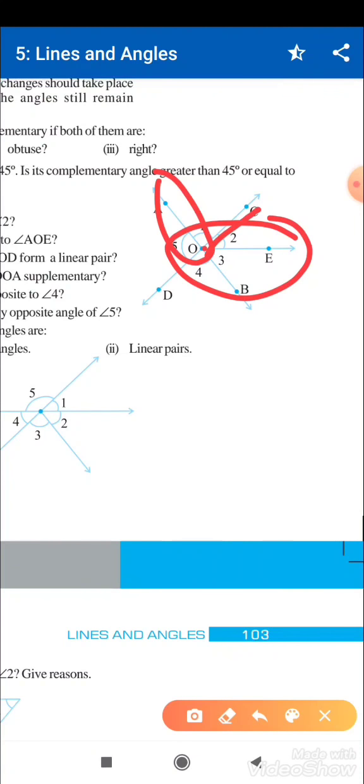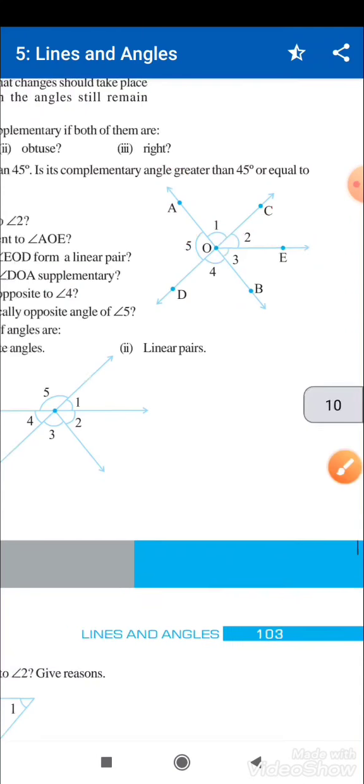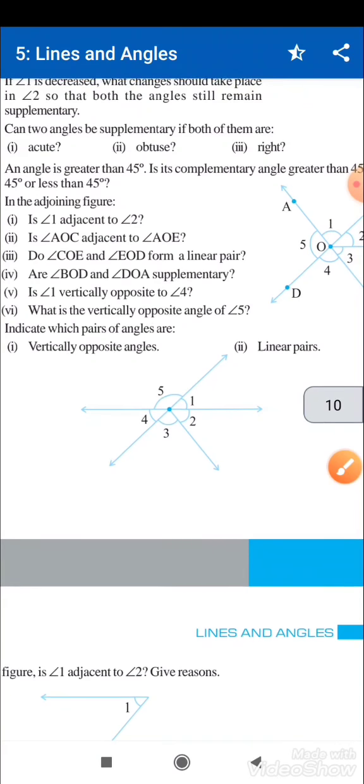So in this way we can say that angle 1 is adjacent to angle 2. The answer of the first part is yes, angle 1 is adjacent to angle 2. Now move to our second part.